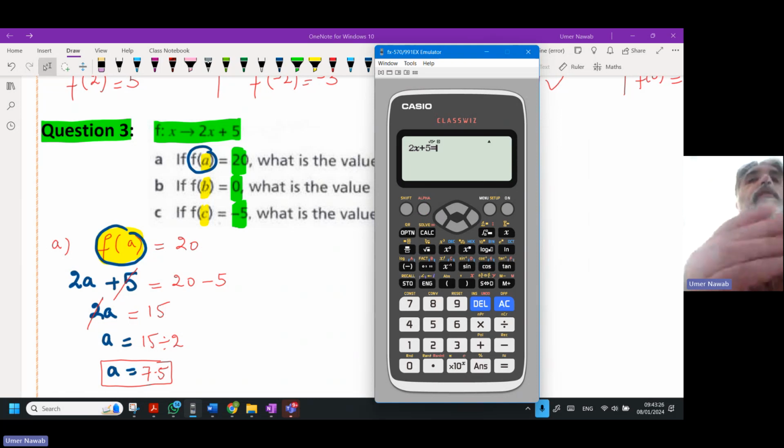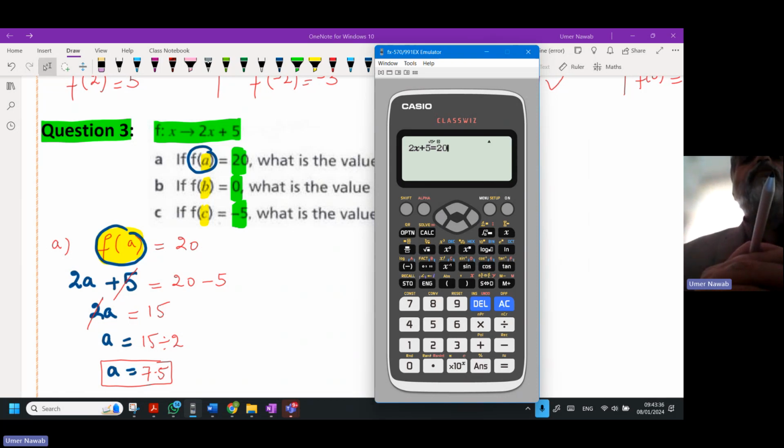Alpha calc will write the equal sign. And what is on the other side? I have 20. So write this equation where my output is 2x plus 5, and he said it is equal to 20. I want to get the value of x, which is in fact here, A.